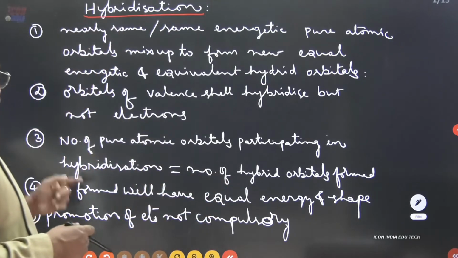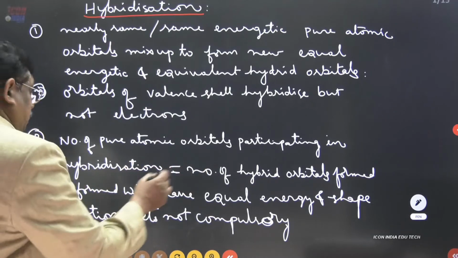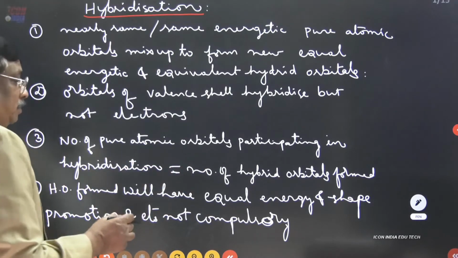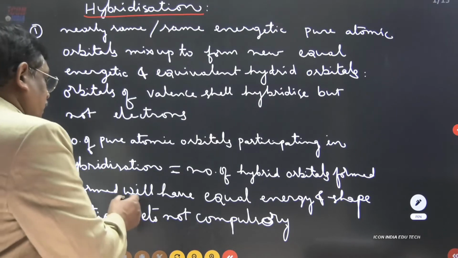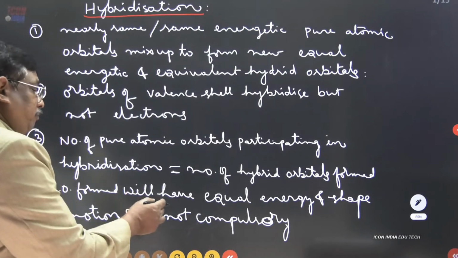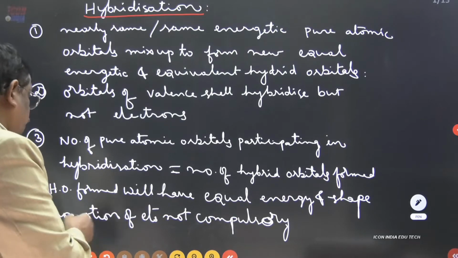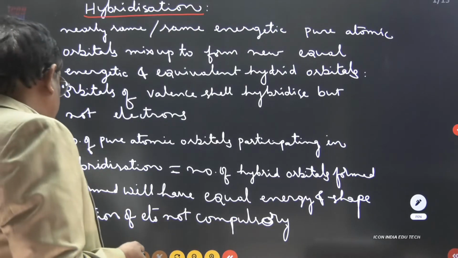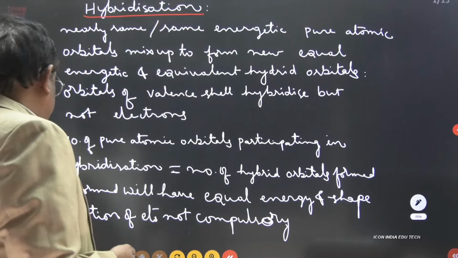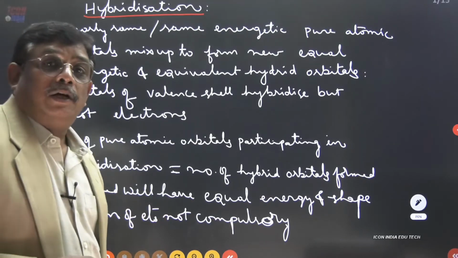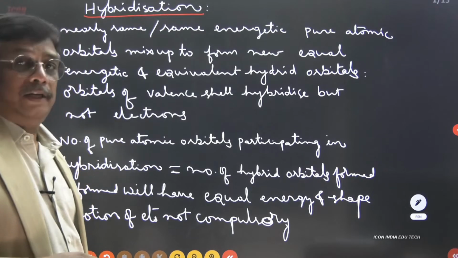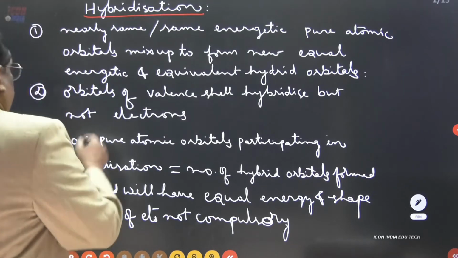That is what I meant by the number of pure atomic orbitals participating in a hybridization being equal to the number of hybrid orbitals formed. Hybrid orbitals formed will have equal energy and the same shape and geometry. Promotion of electrons is not compulsory, not necessary during hybridization.